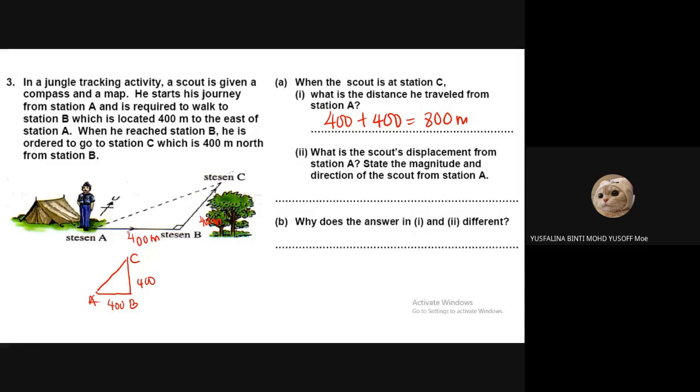Wrong one. 565.69. Okay, so 565.69 is the displacement. And then the direction is northeast. Okay, correct. To the northeast. It's okay.